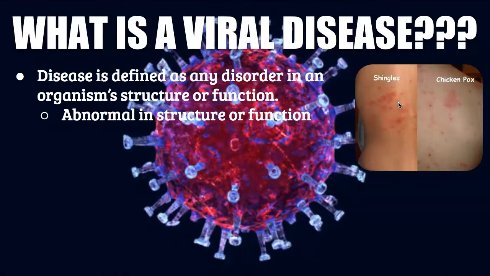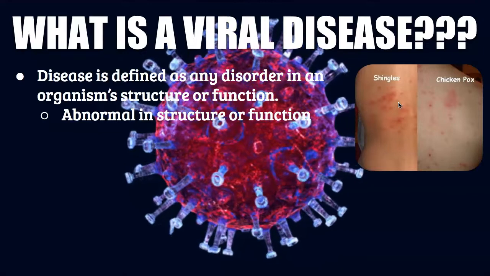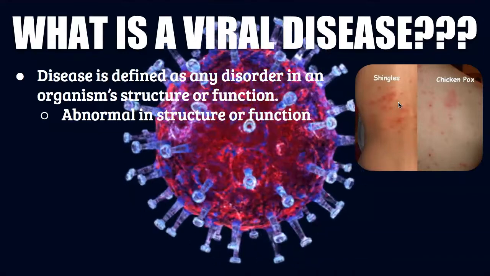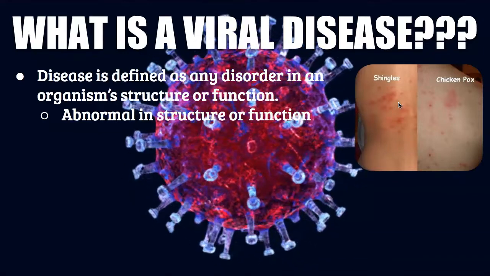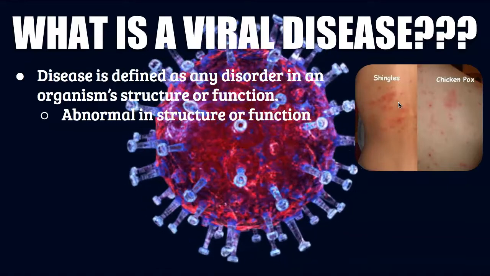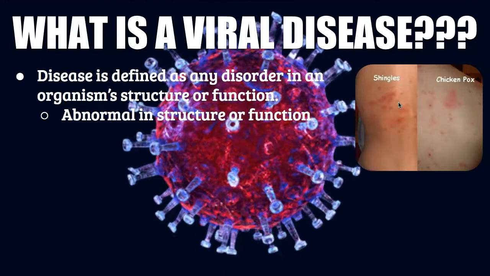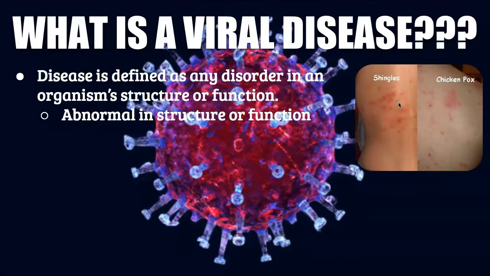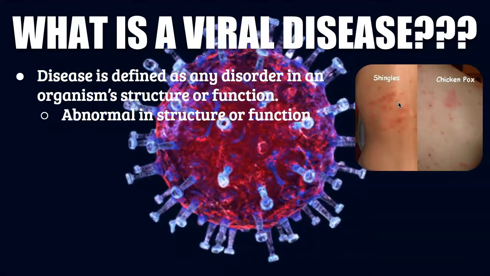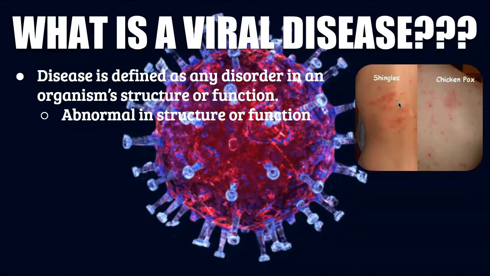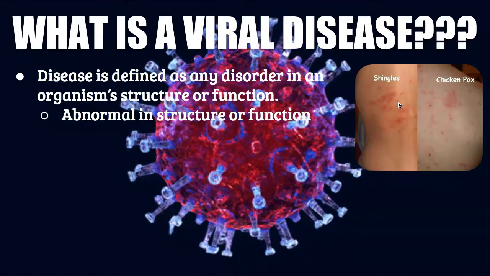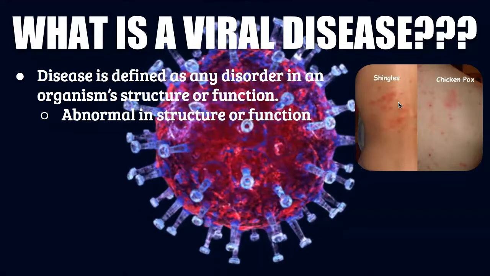Now, there are different types of diseases. There are diseases that are genetic, where it's something that you're born with that just happens, or it's something that you get from a virus or bacteria. But a disease is just when the body doesn't work right. Maybe something's happened to the body structure where it's not building itself properly, or maybe something's happened where it's just not working properly and you're getting sick.